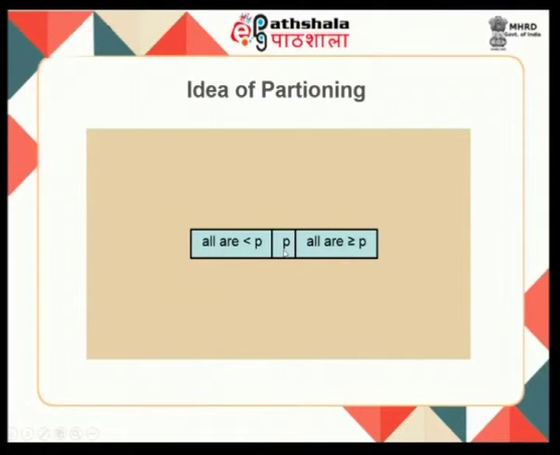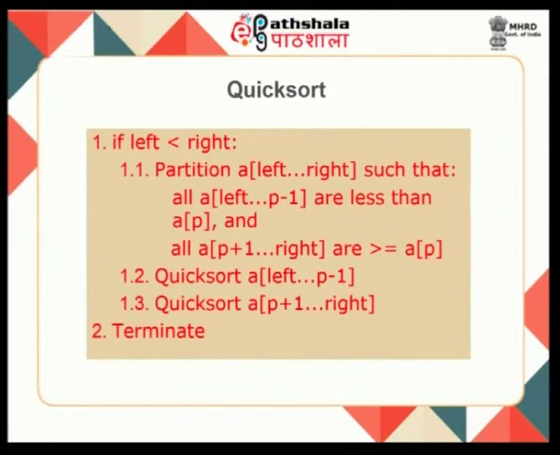So, we have to find pivotal element P, and on the left hand side all the elements should be lesser than your pivotal element, and on the right hand side all the elements should be greater than your pivotal element. This is the idea. How to partition? This is the most important question, and once we have a method for partitioning, the quicksort algorithm becomes very easy.